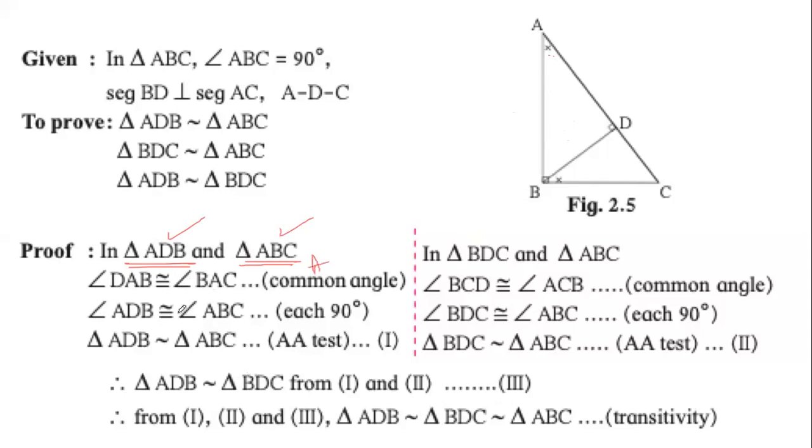We also know that angle ADB and angle ABC, the big one here, are 90 degrees. Another angle. So we have two triangles in which two of the angles are equal. So by AA test, we can say triangle ADB is similar to triangle ABC. Simple. We have done it already in the previous chapter.